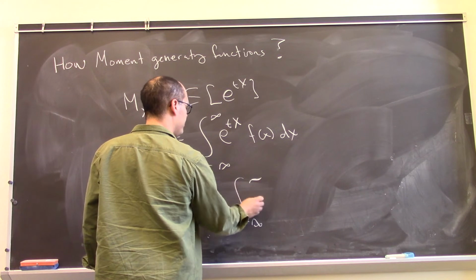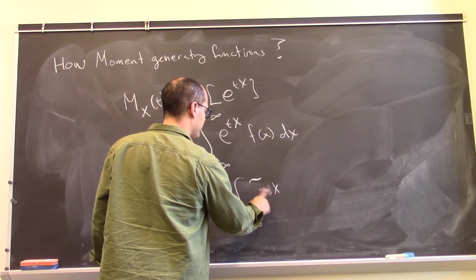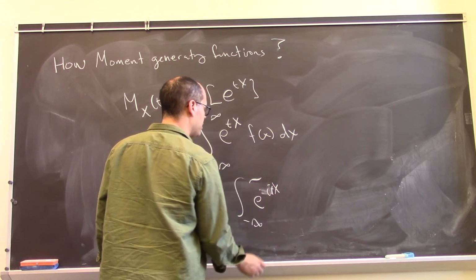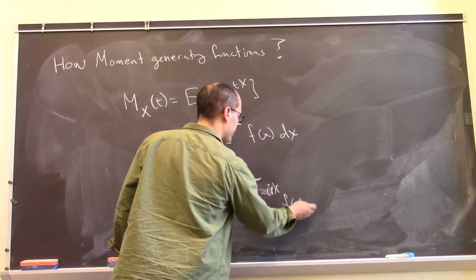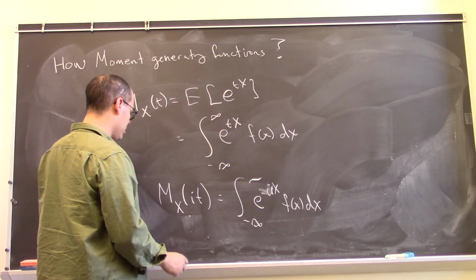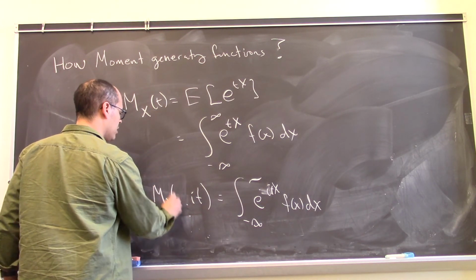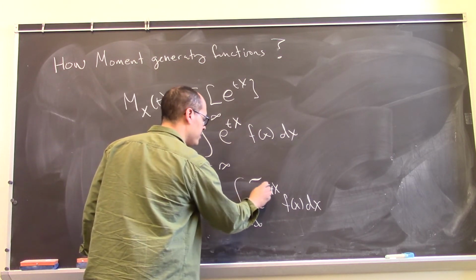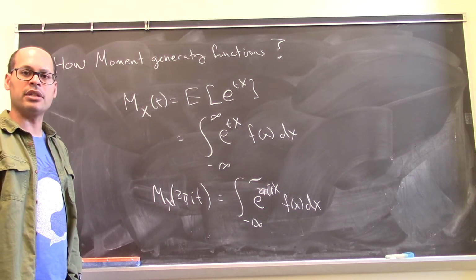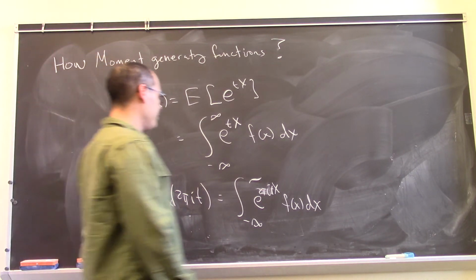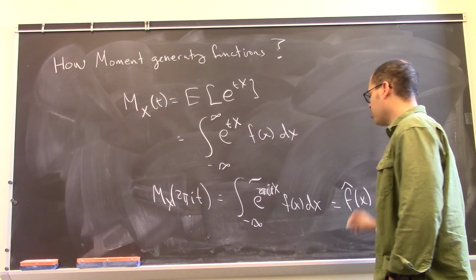What you then have is the integral of e to the i t x, f of x dx, or maybe to be a little more standard, I will do the moment generating function of 2 pi i t. And then you see what you have here is actually the Fourier transform of the probability density function.